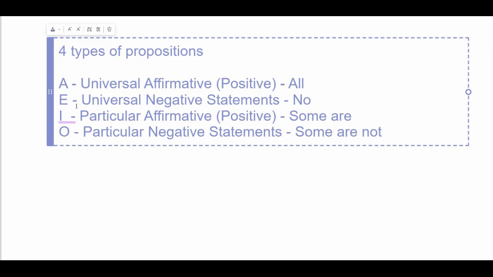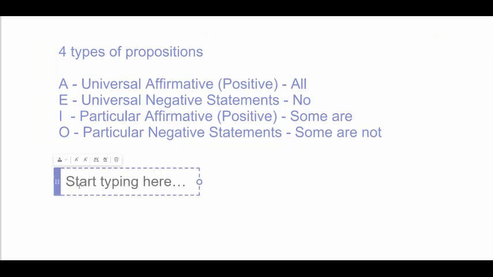Same thing in the E type, which is negative. Now we say the same thing in a negative tone. That is, no living being has to eat. First we said all living beings. Let me just write it down here. The A type proposition is all living things have to eat.